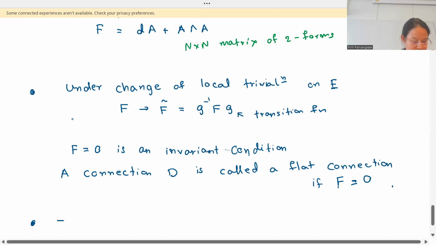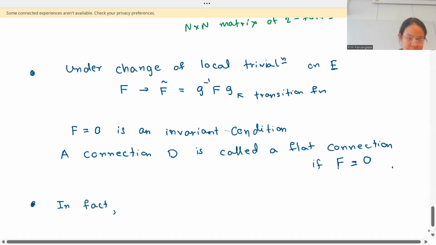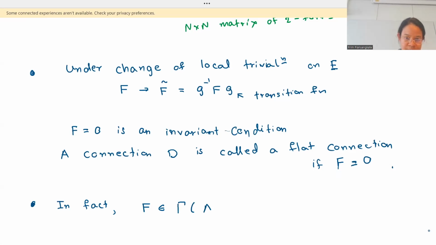let me just note here without proof that in fact this curvature is actually a section of this bundle here.